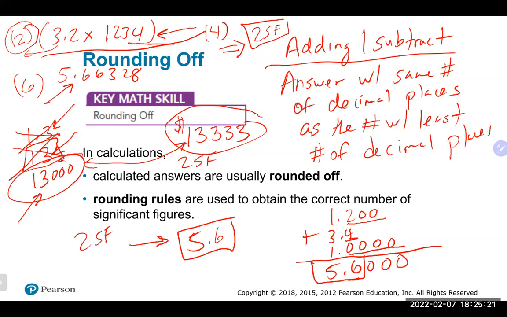It is a very common mistake that a lot of people make: they focus on giving the answer to the right number of significant figures, which is good. But sometimes they do such extreme rounding that they change the meaning of the number. So you never want to change the meaning of the number to get yourself to the right number of significant figures.